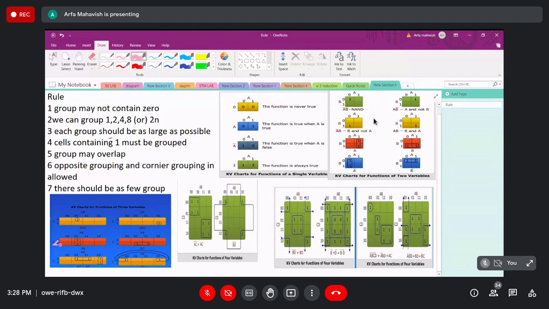When you are grouping, if this side is 0 and 1, and 0 is opposite to 1, you just have to ignore that thing. You write it like this: A bar and B bar. Ignoring this means there is no B over here, right? No C over here.